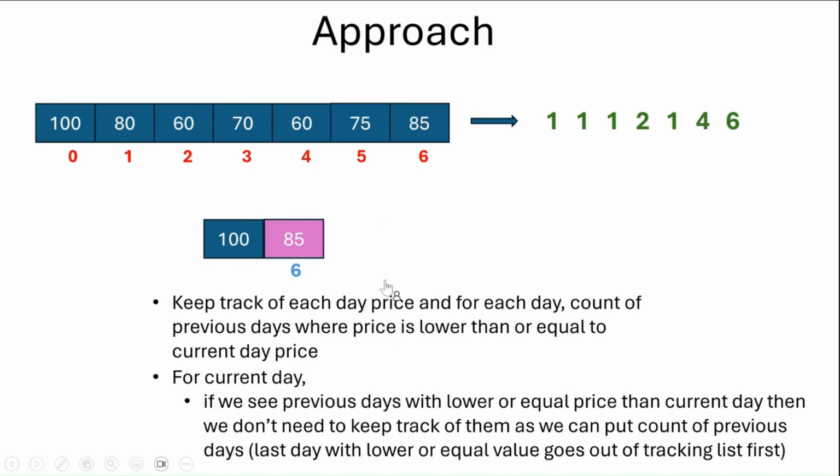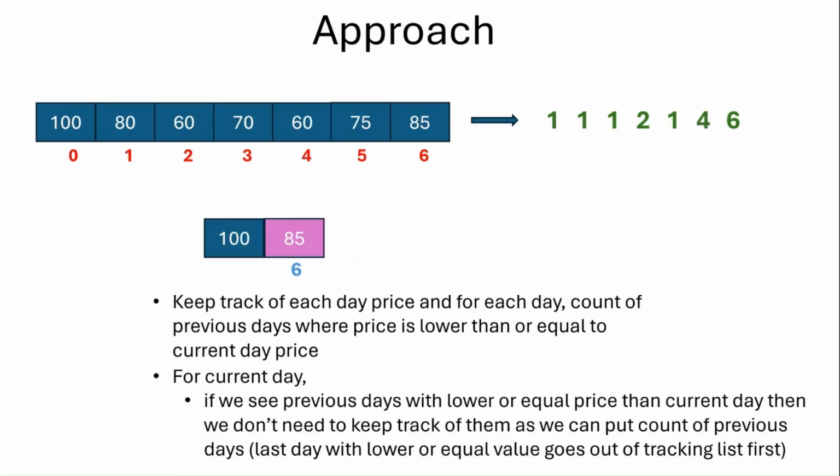And whenever we see a day with a higher price, then we need to remove the previous days with lower or equal stock price. So this capability can be given by a stack, basically last in first out, and keeping track of each day so that we can backtrack to the previous days.